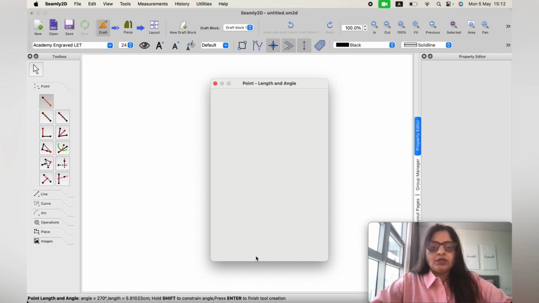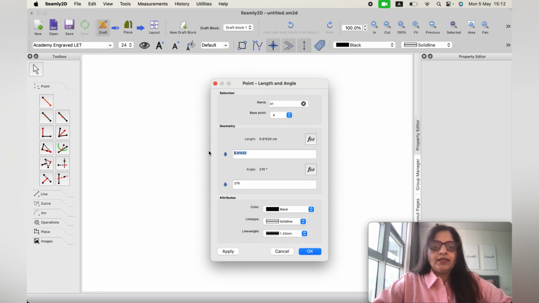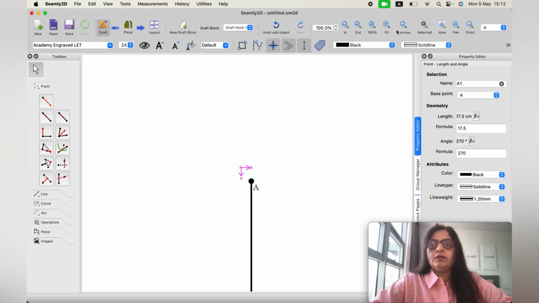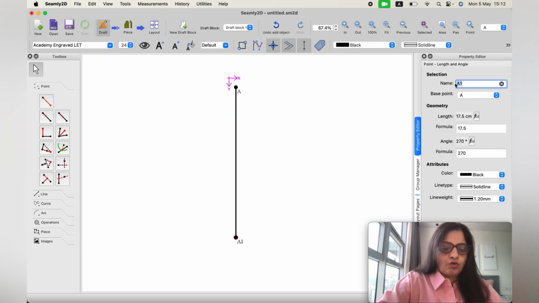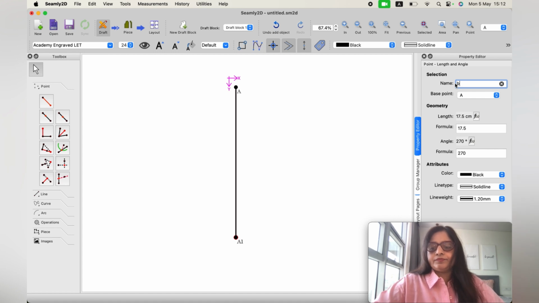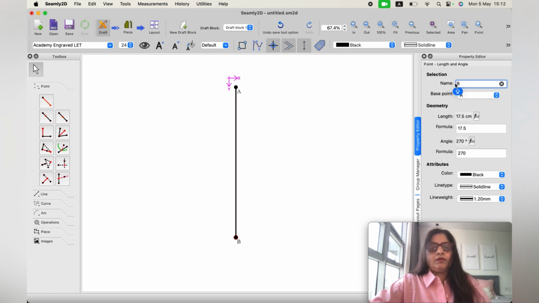I'll hold down the shift key and the length which I'll take is 17.5. I'll change the name as per the book so it will be easier to follow along. So this is our first measurement.